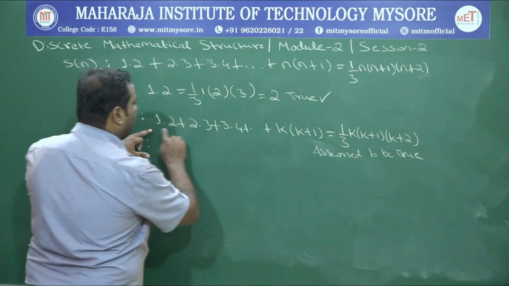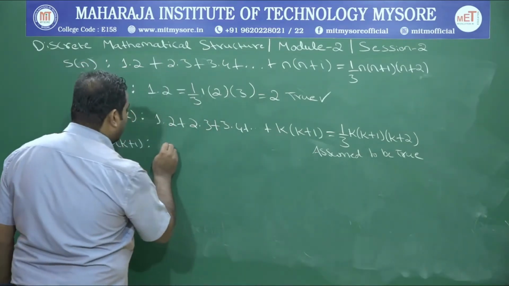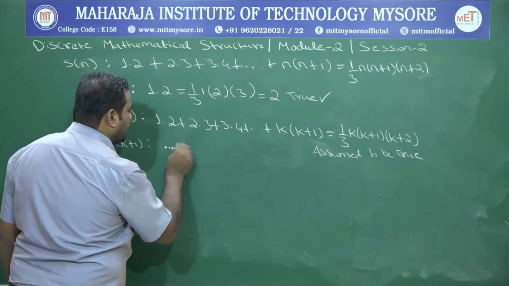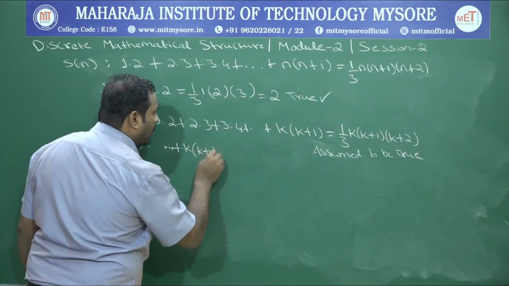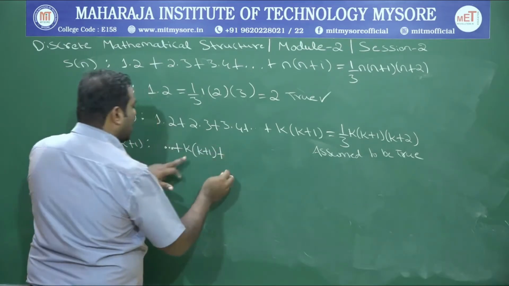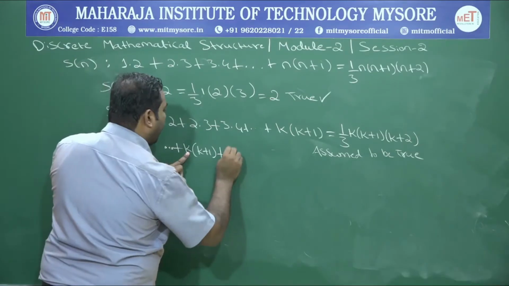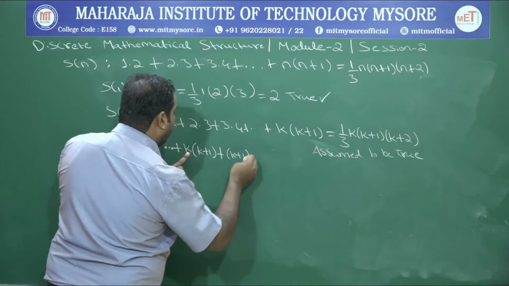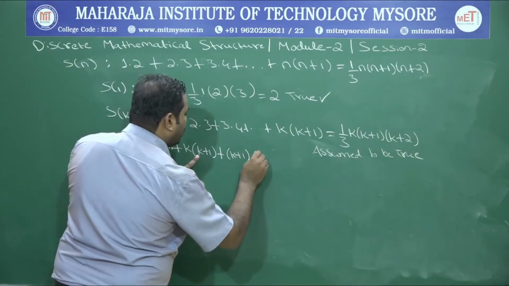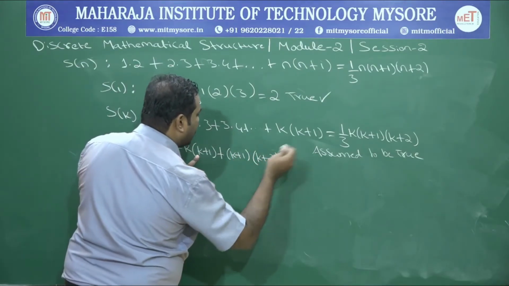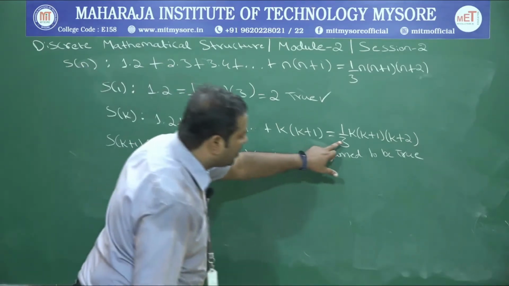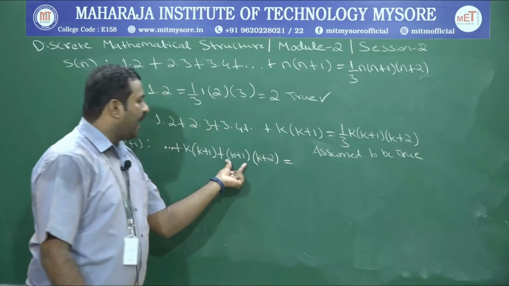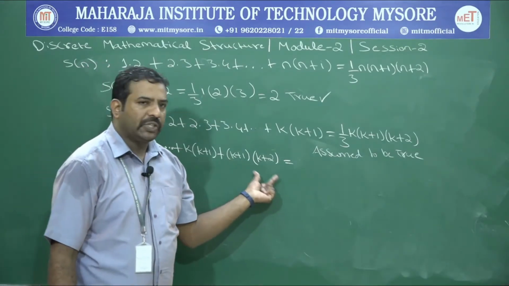And so instead of writing all these things, I will just write the last part as k. So this is until k. So k plus 1 plus, I need to take one more element now, and so k plus 1 into k plus 2. Now this should be equivalent to this statement by adding k plus 1 into k plus 2.